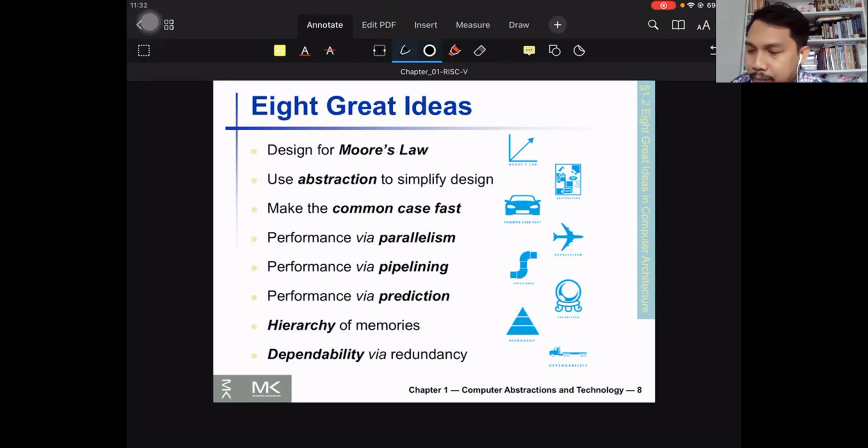Example, this is just an analogy. We could study electrical engineering using physics, right? Purely physics.